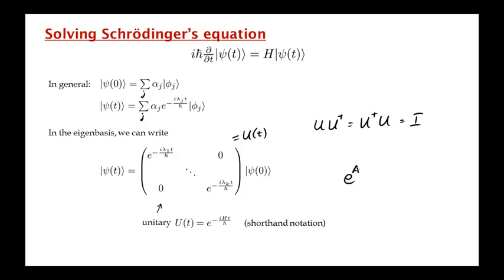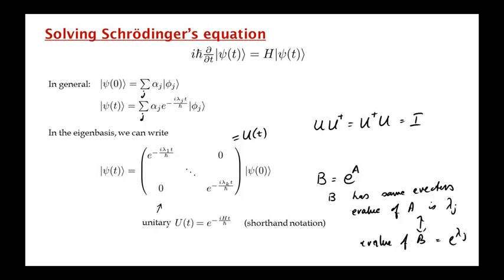If you write a matrix B equal to e to the A, where A is a matrix, then B has the same eigenvectors as A, but the eigenvalues of B are the exponentials of the eigenvalues of A. So if one of the eigenvalues of A is lambda sub j, then the corresponding eigenvalue of B is e to the lambda j.